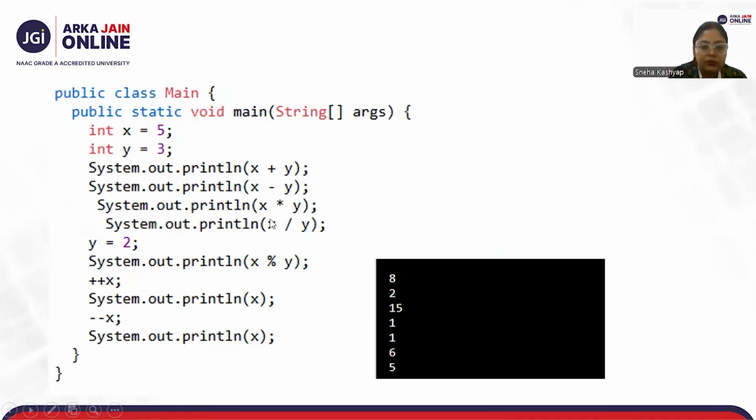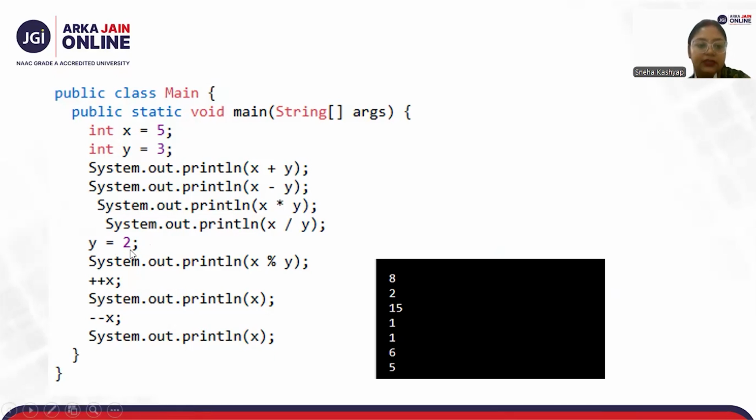Next, I'm dividing 5 by 3. So 3 ones are 3 and we have 2 as the remainder, right? So I have got the remainder as 2. Now next, I have taken y and updated the value from 3 to 2.